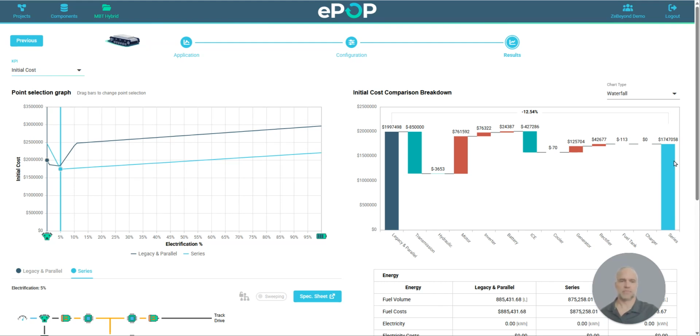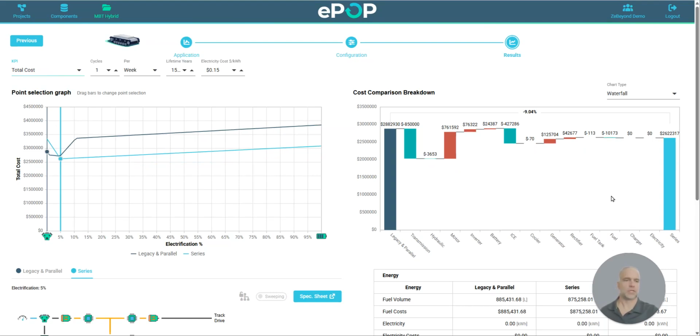And where does that come from? Transmission savings and engine downsizing savings is really the most significant contributor. The total cost jumps and includes fuel. So really achieving the same efficiency, fuel economy, because you're not seeing a huge gain or loss delta in fuel.